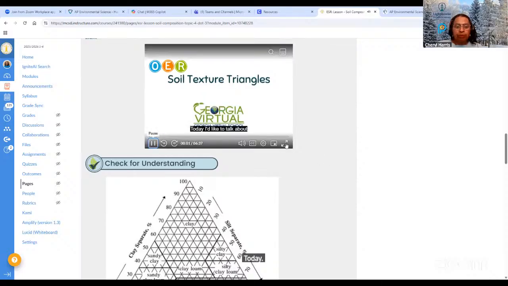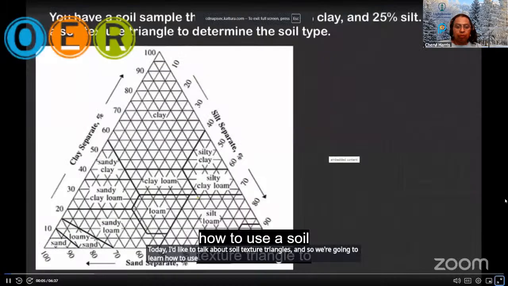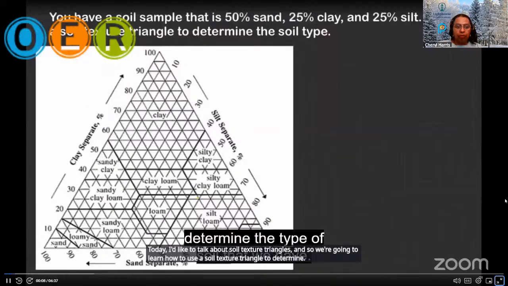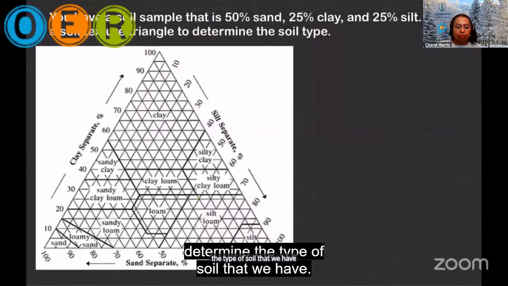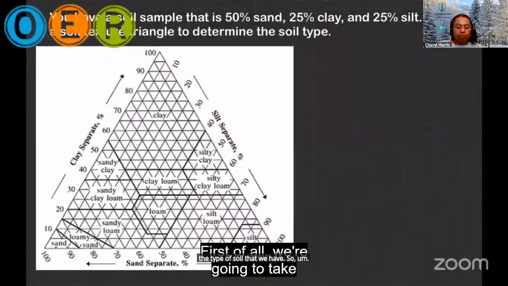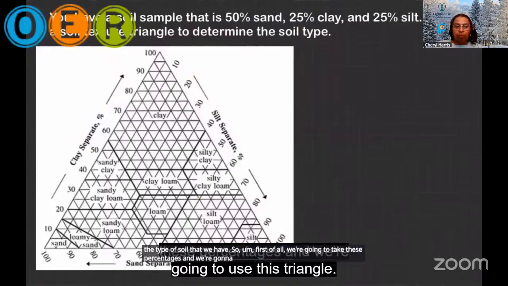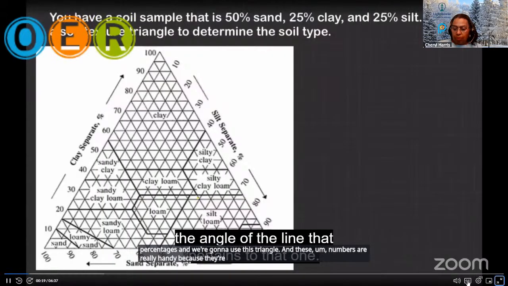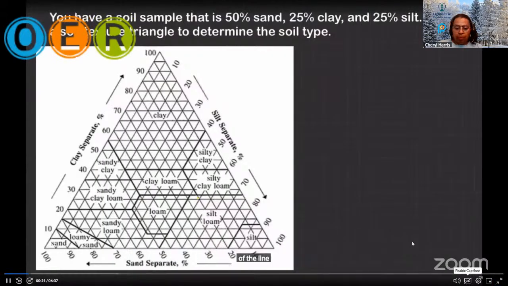Today I'd like to talk about soil texture triangles. And so we're going to learn how to use a soil texture triangle to determine the type of soil that we have. So first of all, we're going to take these percentages and we're going to use this triangle. And these numbers are really handy because they're at the angle of the line that pertains to that one.